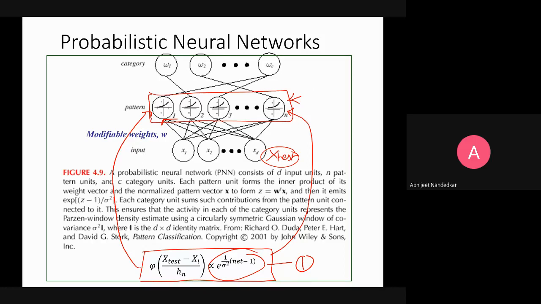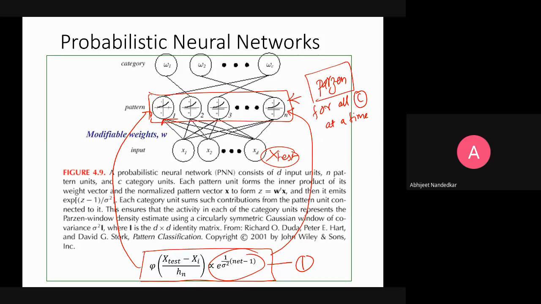Before I move further, you must understand that we are implementing Parzen for all C categories at a time. If you remember the earlier problem, to differentiate between omega 1 and omega 2, we took the samples of omega 1, fit a window around the X test and saw how many samples fall into that.